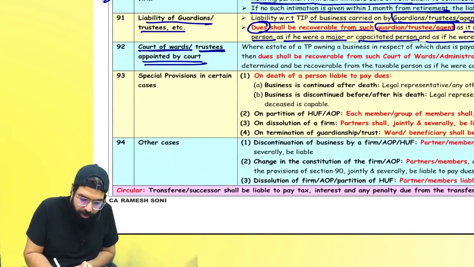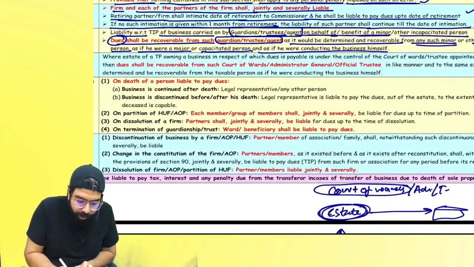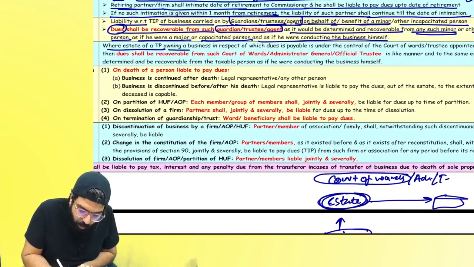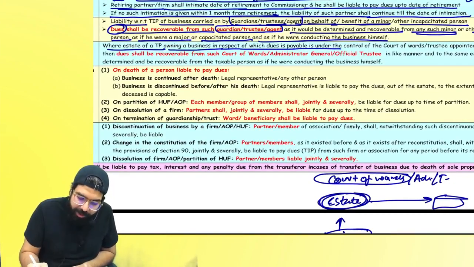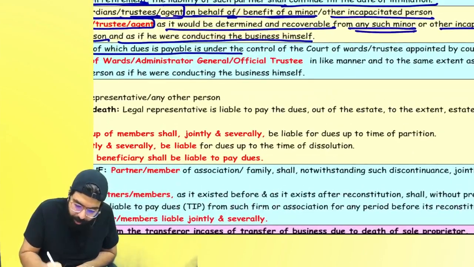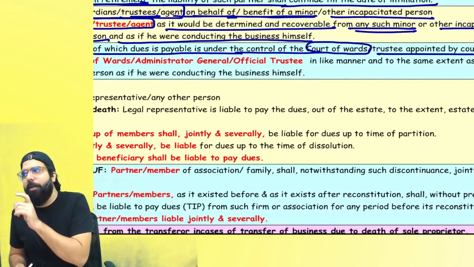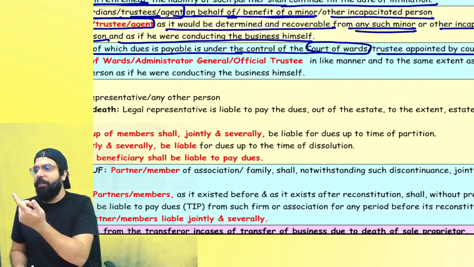The court of ward or trustee appointed by the court, where the estate of a taxable person owning a business, in respect of his dues, is payable under the court of ward or trustee appointed by the court. It is not necessary that only in case of a minor a court of ward is appointed.